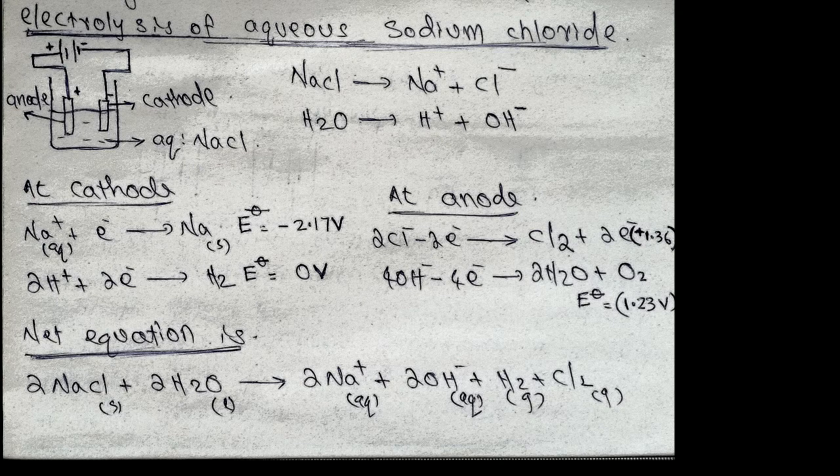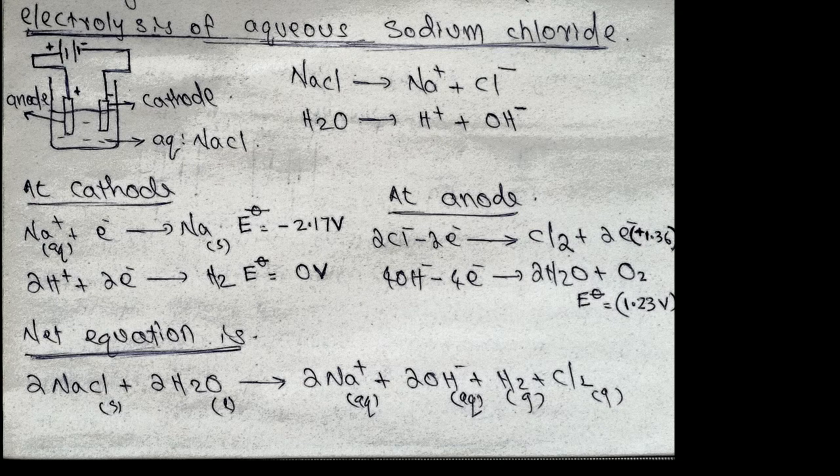But actually OH minus is not oxidized at anode. In actual practice, OH minus is not oxidized at anode, because oxidation of OH minus needs high voltage. That's why Cl minus oxidizes at anode and forms chlorine gas.